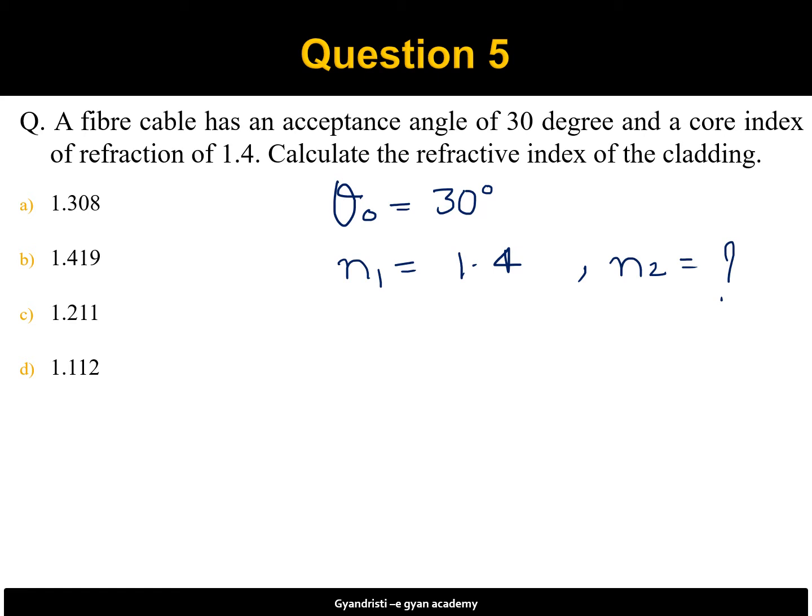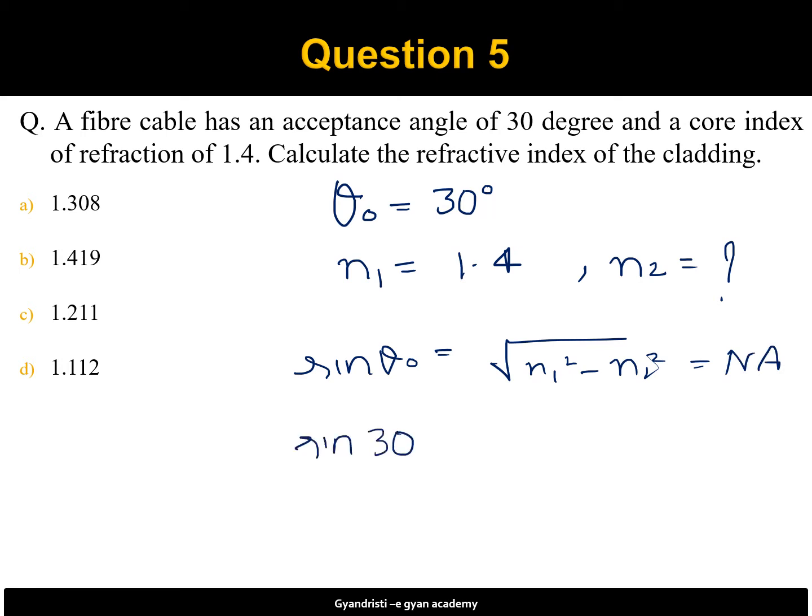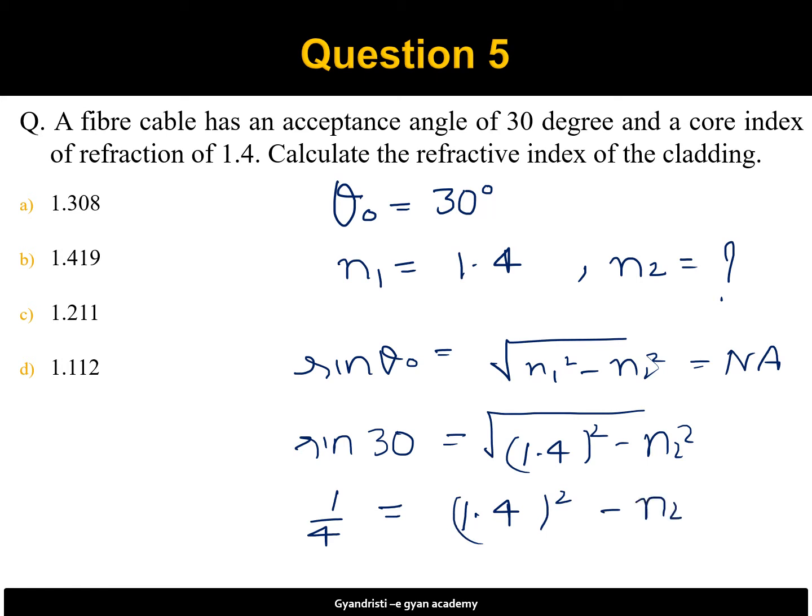So we have the relation sin theta 0 is equal to square root of n1 square minus n2 square, and it is your numerical aperture. So sin theta 0 is, you can write it as sin 30 degree, and at n1 square minus n2 square you can write 1.4 का whole square minus n2 का square. Squaring on both sides, you will get 1.4 and 1.4 का whole square minus n2 का square.